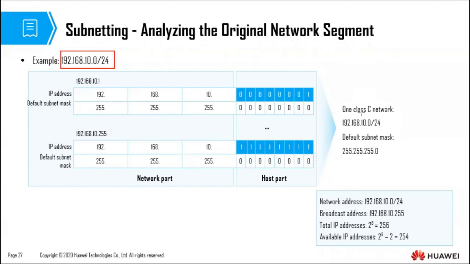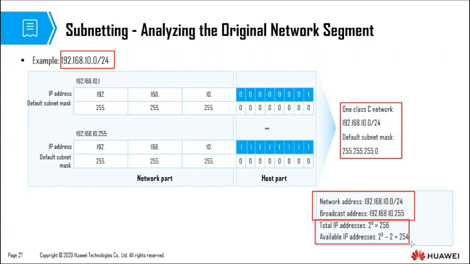Let me just see. I think it's done in the next slide, not here. Here we're just seeing what we've been able to discuss: this is the broadcast, this is the network, total IP addresses, and assignable. Instead of available, I prefer to use assignable. Assignable IP addresses is 254. So we've already seen that.